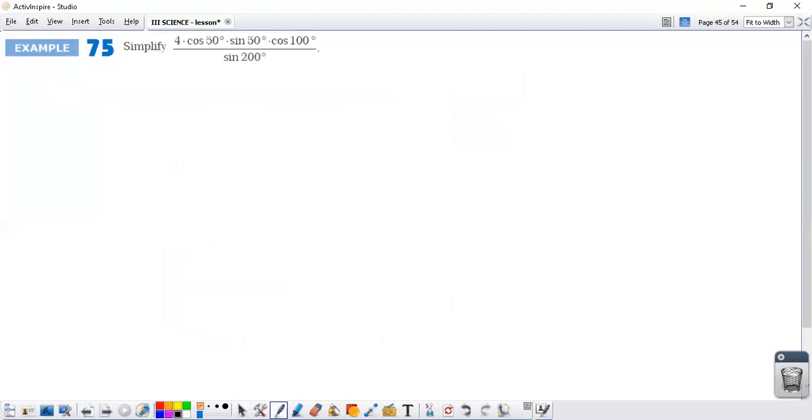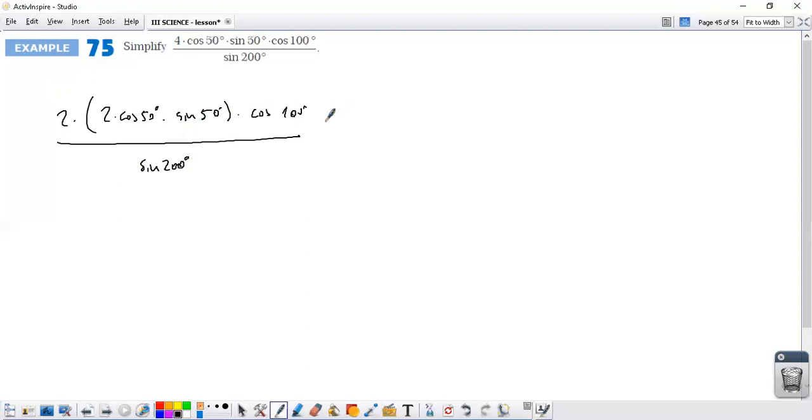For example 75, 4 times cosine 50 degrees times sine 50 times cosine 100 degrees over sine 200 degrees. We can rewrite this as 2 times cosine 50 times sine 50 degrees times cosine 100 degrees divided by sine 200 degrees. And use sine 100 degrees. What is that? Sine 100 degrees is 2 times sine 50 times cosine 50 by using the double angle formula.